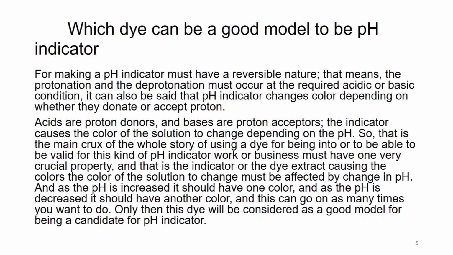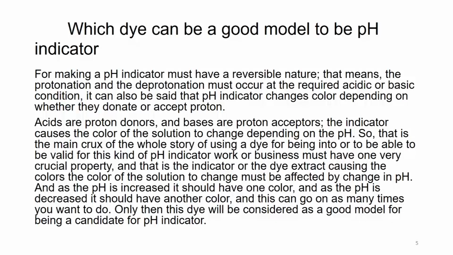Which dye can be a good model to be a pH indicator? Can all the dyes be used as indicators, or are there very specific pH sensitive dyes which can act as pH indicators? Now, let us try to understand that. For making a pH indicator, one must have a reversible nature.